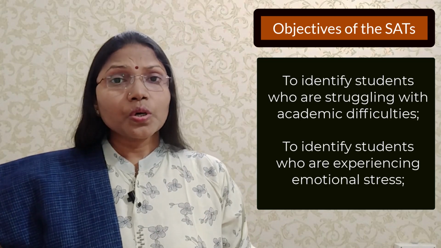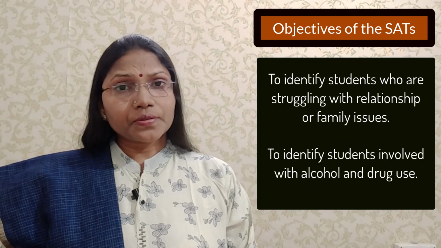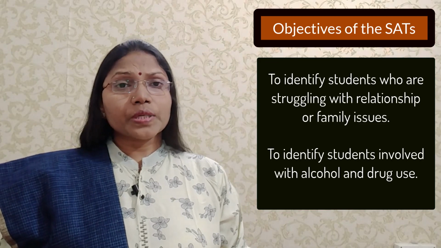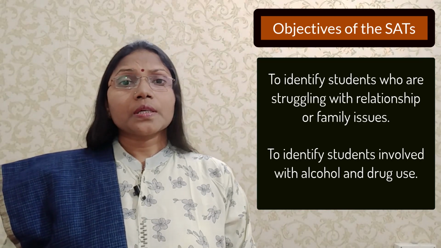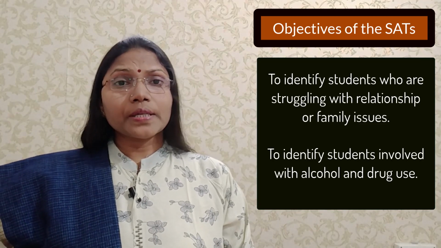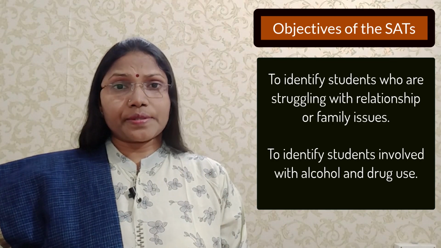Moving further with the objectives of the student assistant team. Number 1, to identify students who are struggling with academic difficulties. Number 2, to identify students who are experiencing emotional stress. Number 3, to identify students who are struggling with relationship or family issues. Number 4, to identify students involved with alcohol and drug use.